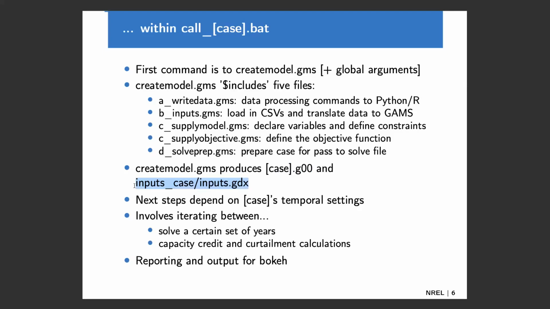I'll cover that briefly in the next couple of slides. But in general, think of this as iterating between solving a certain set of years, whether it's 1 year, 10 years, or 20 years, and then running our capacity, credit, and curtailment calculations. These are nonlinear calculations that are done outside of the model, and we use the information gathered from those calculations to plug back into the model.